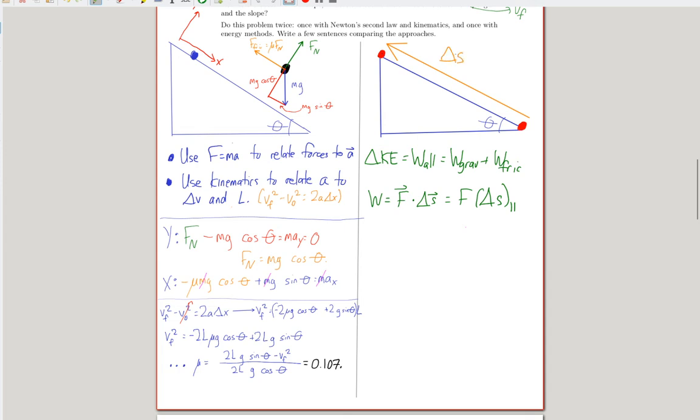So the displacement parallel to friction is going to be minus L. It's minus L because they are in the opposite direction.